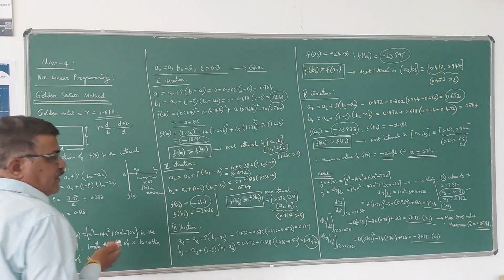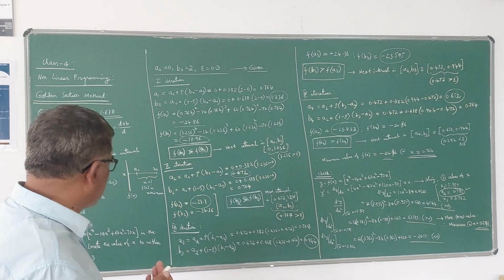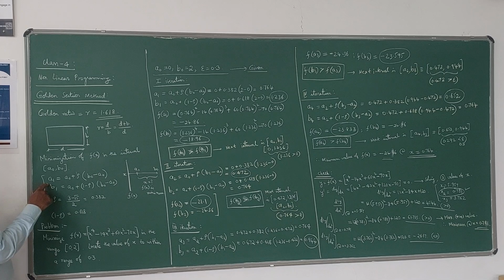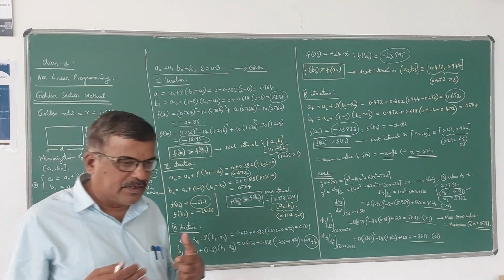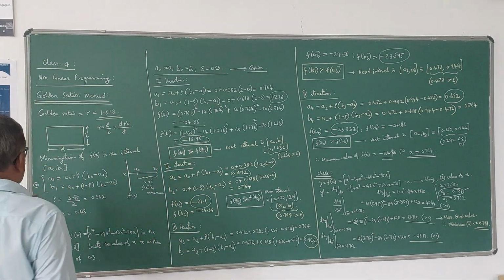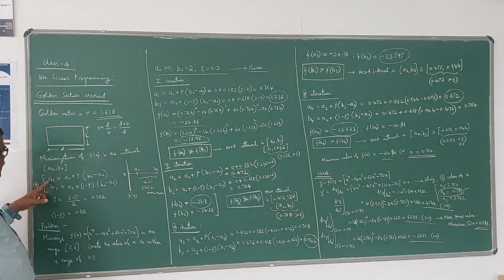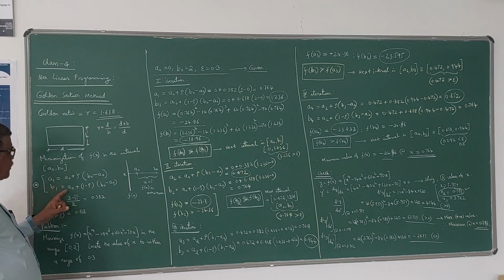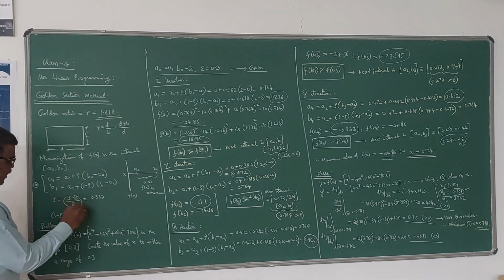Just what we did in the Fibonacci method, where we used the concept of Fibonacci numbers, here we are using the concept of the golden ratio. Now we are going to have two important relations here. The values of a0 and b0 are modified in iterations by using these relations. For the first iteration, a1 is equal to a0 plus rho into (b0 minus a0), and b1 is equal to a0 plus (1 minus rho) into (b0 minus a0), where rho is a constant value.